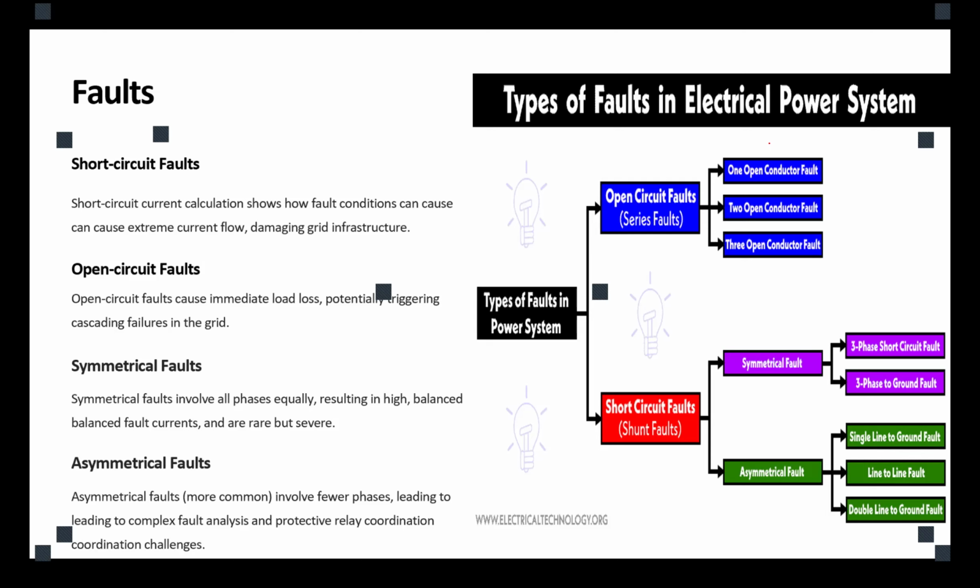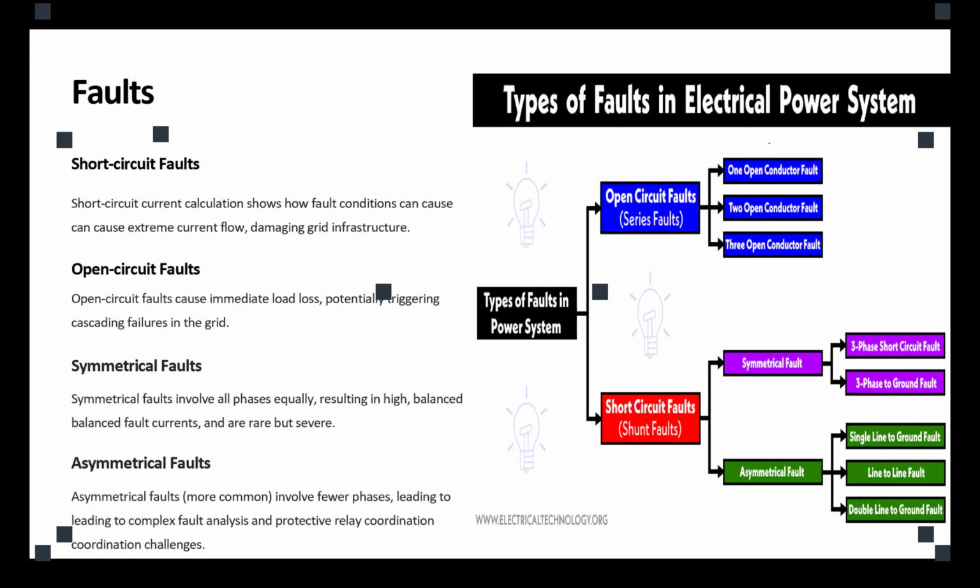The other category is short circuit. I assume that you understand faults, or that your definition of faults is mostly about the short circuit. What you learned is that you define the faults in a system as a short circuit. So the first point that I wanted to make is that a fault is not always a short circuit. Sometimes it's an open circuit. Now we have a three-phase system.